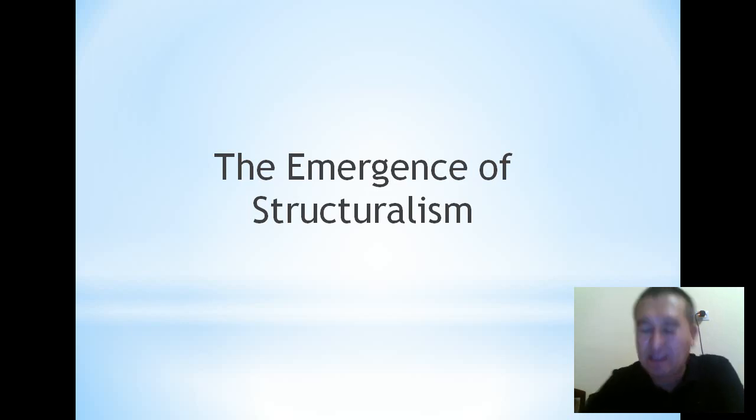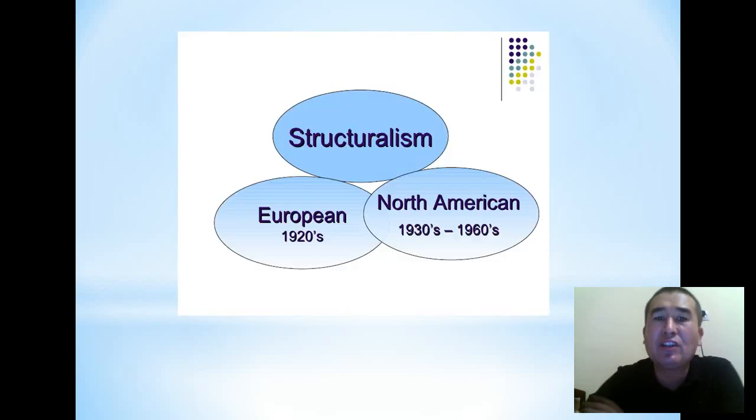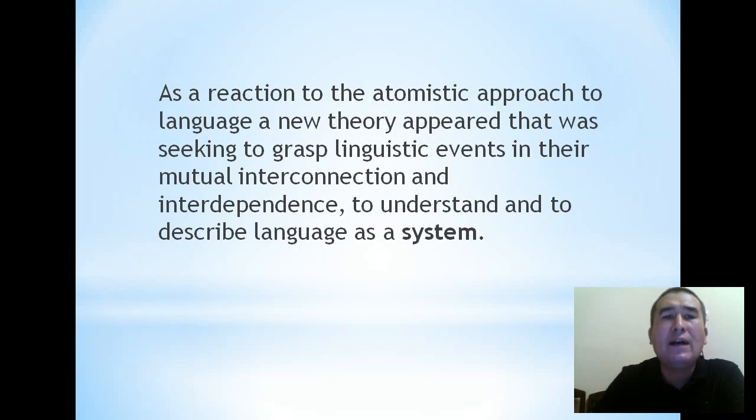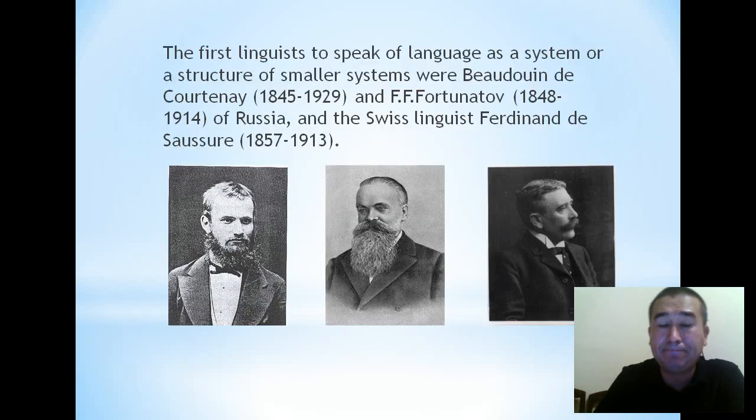Emergence of structuralism. So what is structuralism? Structuralism in European countries started in the 1920s. In North American countries it started between the 1930s and 1960s. As a reaction to the atomistic approach to language, a new theory appeared that was seeking to grasp linguistic events in their mutual interconnection and interdependence, to understand and to describe language as a system.